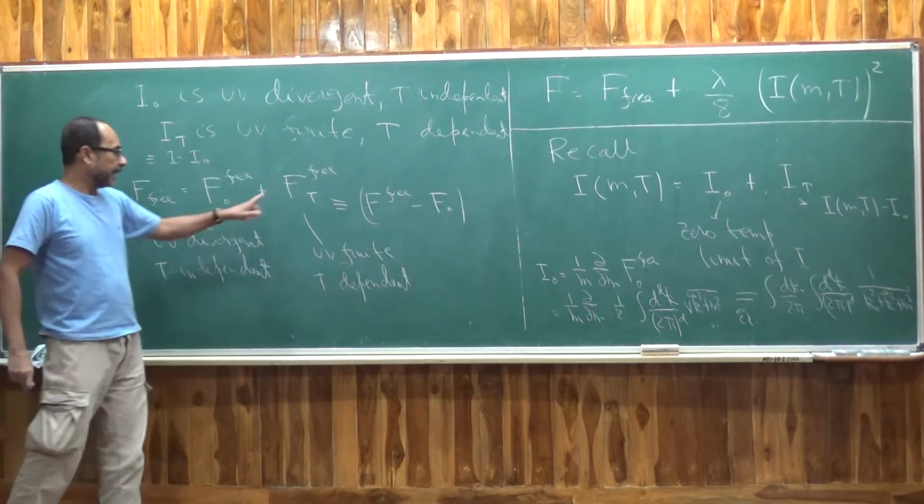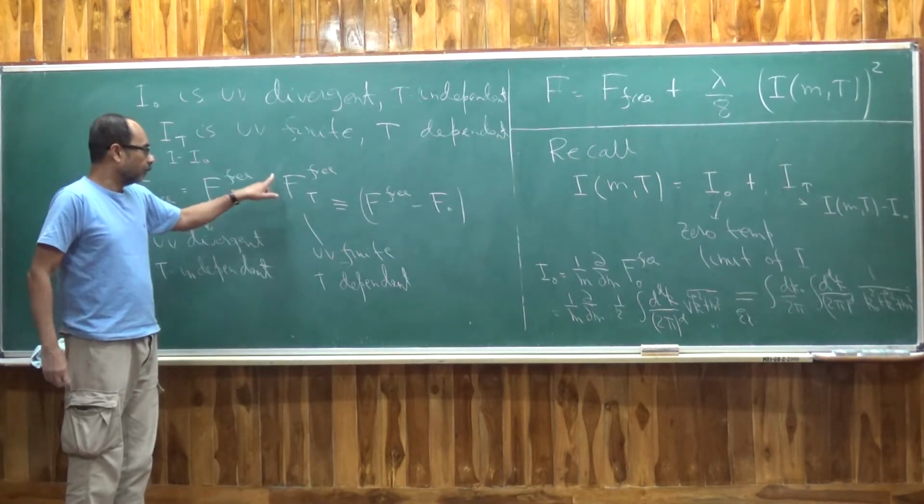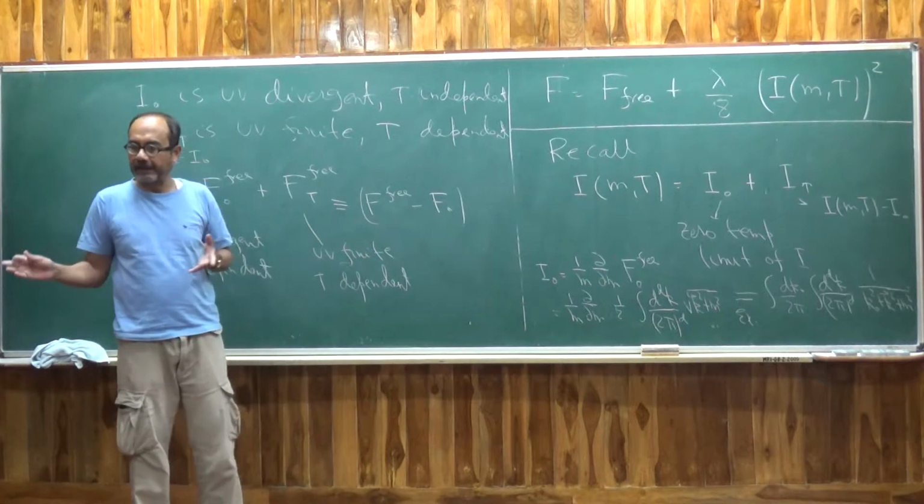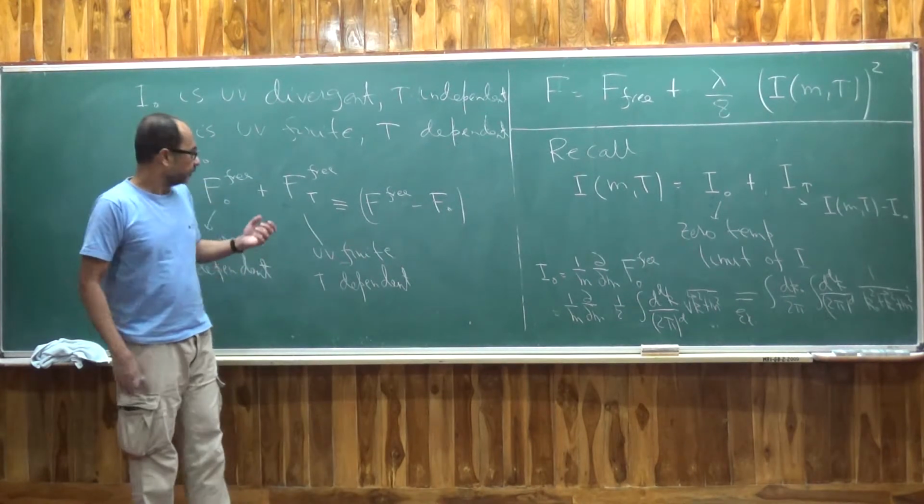In fact we calculated Ft by using the fact that 1 over m del del m of Ft is It. We calculated It, which was UV finite, and then we integrated it to get Ft.